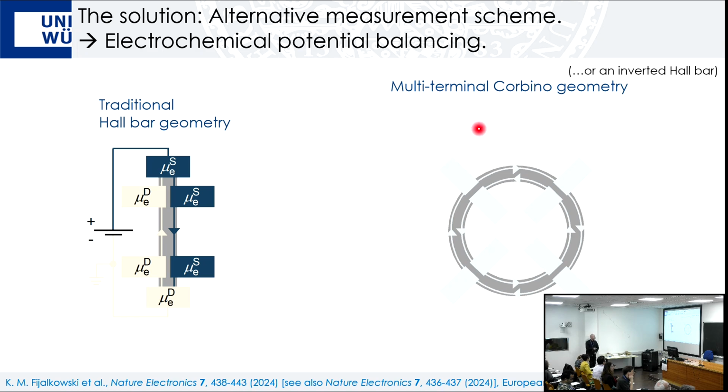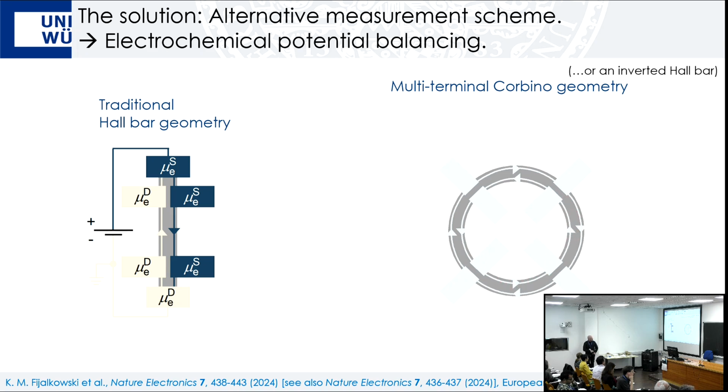Now, we call this multi-terminal Corbino, but if you're familiar with old quantum Hall literature, at least the inner part of this device is completely equivalent to something which is known as inverted Hall bar. But nevertheless, what is important here is we have an edge state going on the inner perimeter, edge state going on the outer perimeter, and it's separated by an insulating bulk.